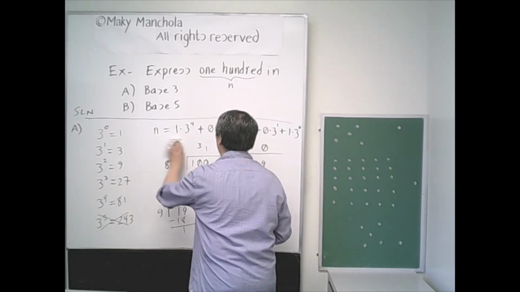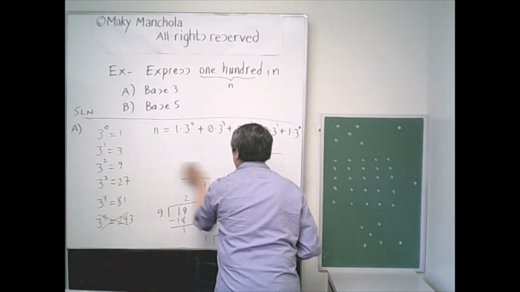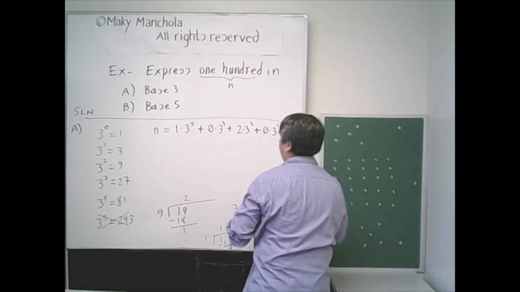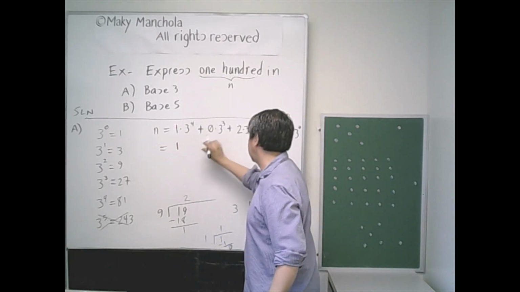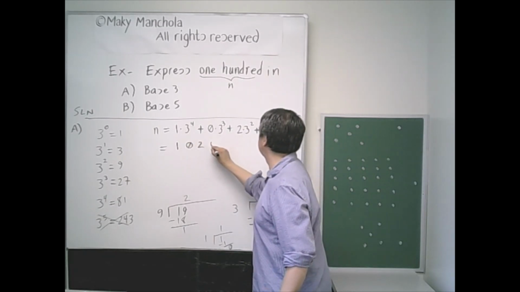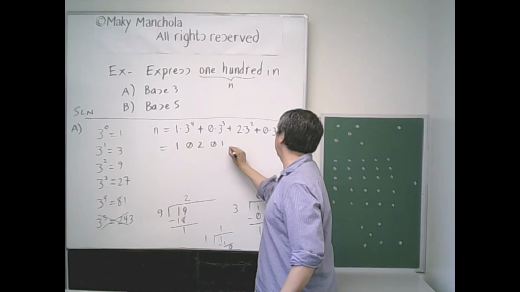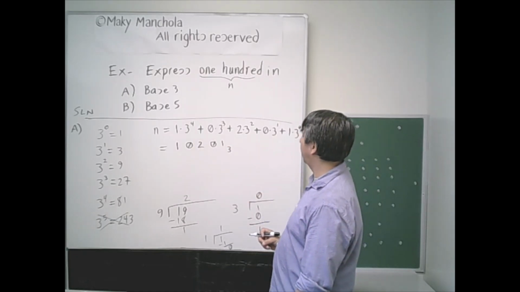Let me make sure I write them all. Okay, so 1, 0, 2, 0, 1, and I have to remember that this is written in base 3.